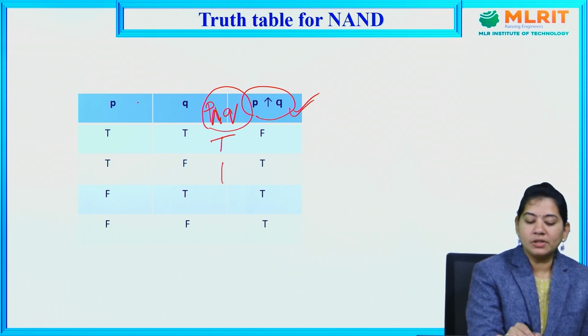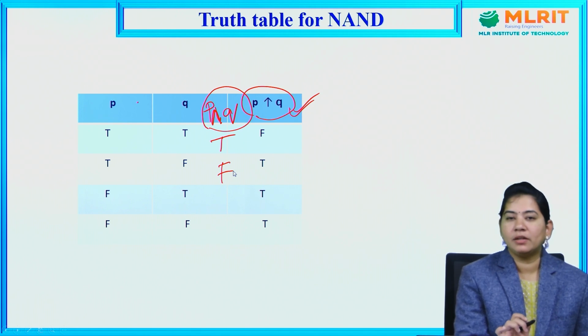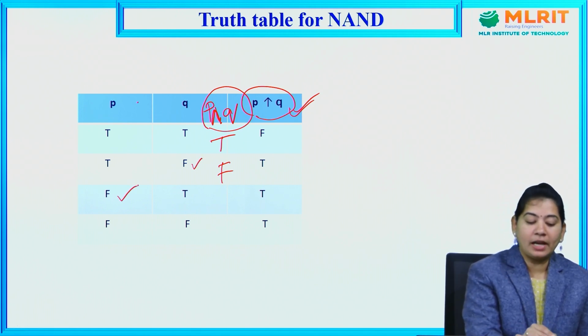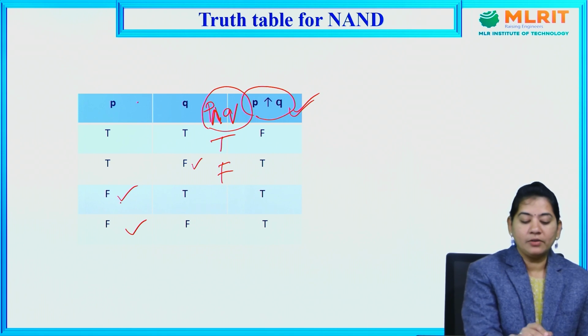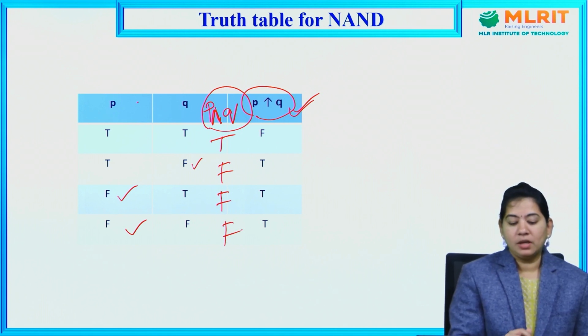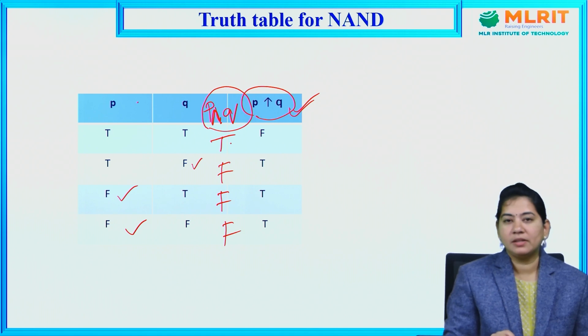True and false, you will get false. Why? Because the condition of the truth table of AND is, even if one statement is false, the resultant value becomes false. False and true, you will get false. False and false also, you will get false.